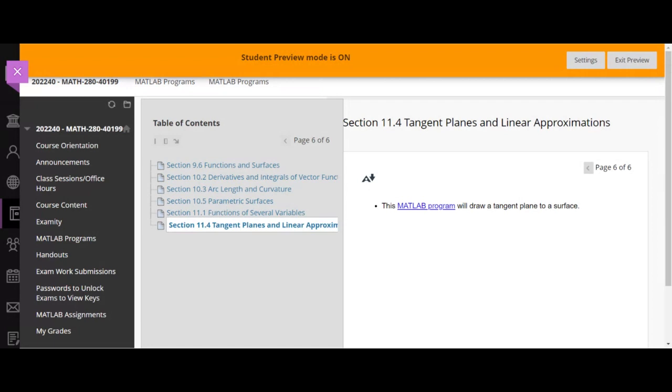So take a moment and do that. Is everybody seeing this? Is the program opening? When you click on the link, is it opening? Okay, good, Yeva. Good.